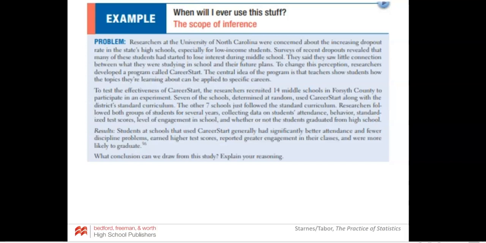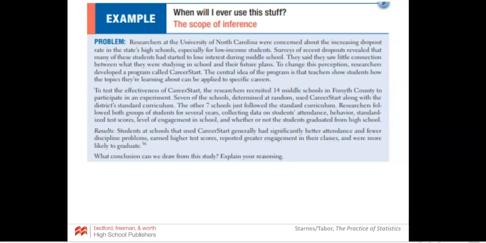They said there were 14 schools. Seven of the schools, determined at random, use Career Start. So that's a treatment of sorts, right? Career Start is the treatment here. Seven schools were put in a treatment group randomly. Seven schools were in the placebo group, so to speak. They didn't have any extra treatment other than the standard curriculum.